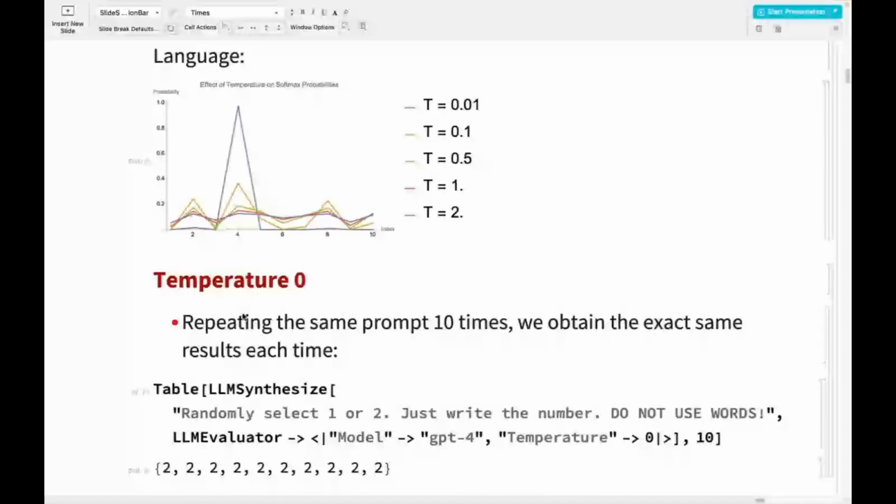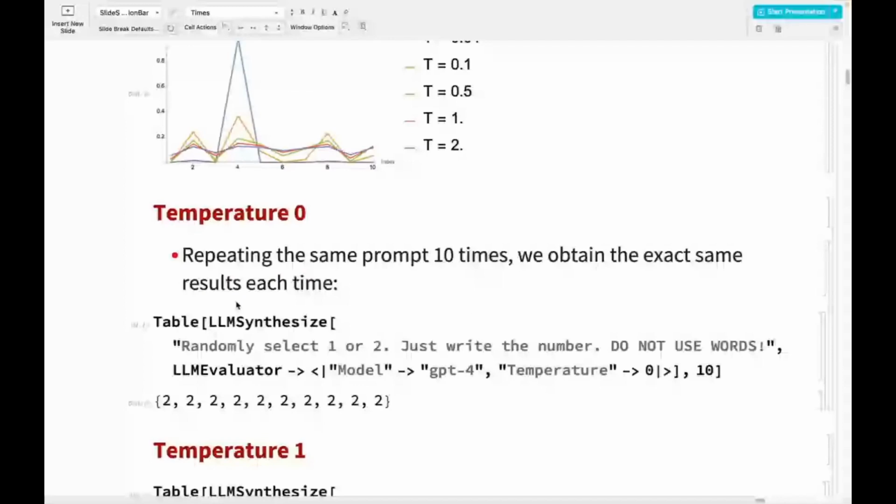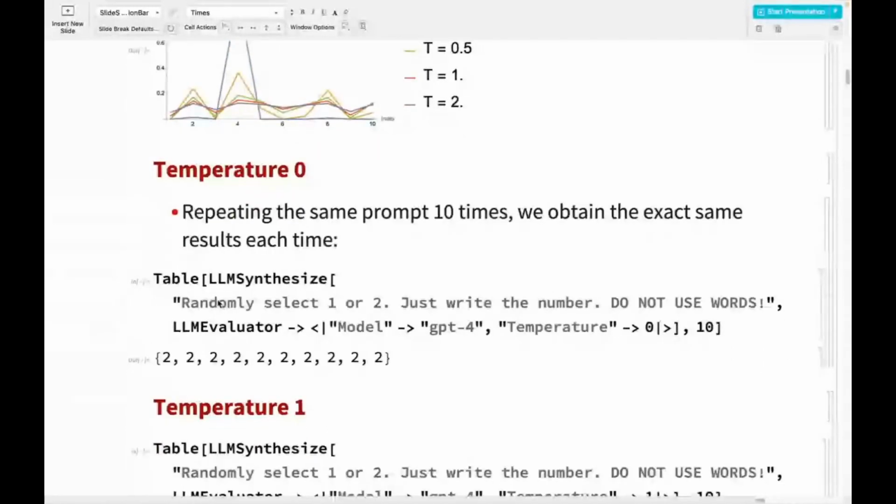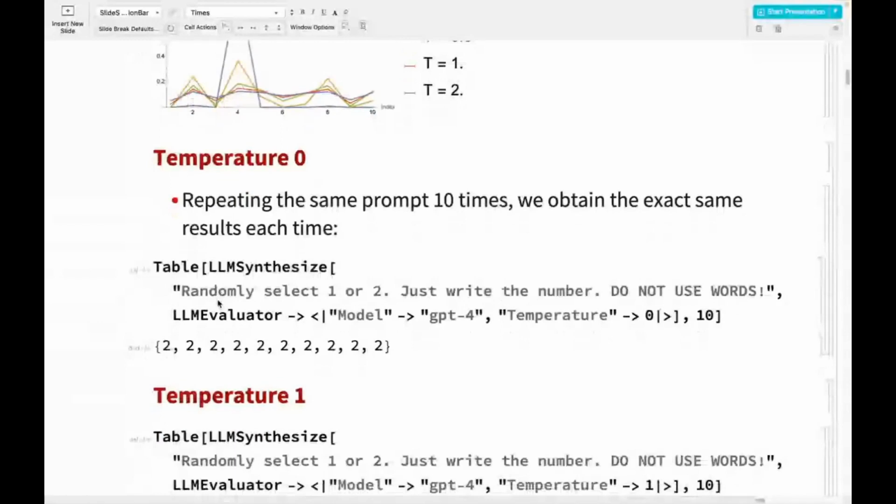Even at zero temperature, large language models such as ChatGPT and GPT-4, for generating long pieces of text over and over, we will get different results due to some technical issues in the GPUs. But in theory, those are deterministic models.